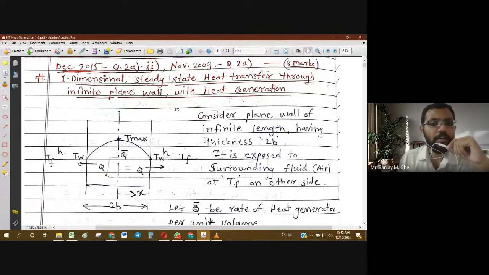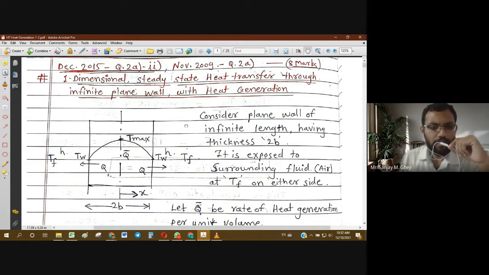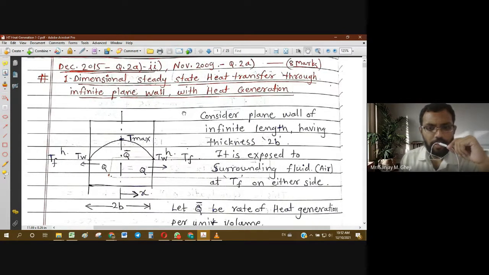And why is it simple? Because the conditions are symmetric ones. Conditions such as the fluid temperature and heat transfer coefficients are going to be uniform and the same on both sides, and thereby the mathematical analysis and derivation becomes simpler.